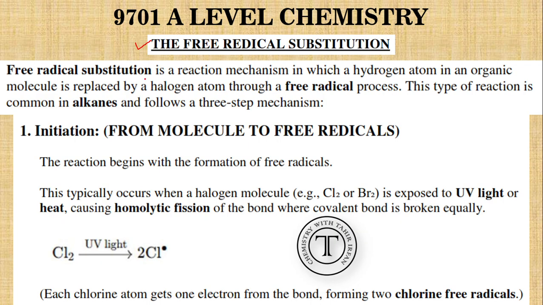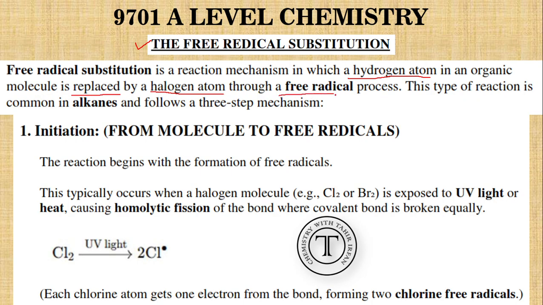Free radical substitution is a reaction mechanism in which a hydrogen atom in an organic molecule, for example an alkane, is replaced or substituted by a halogen atom. When we say halogen, we mostly mean chlorine and bromine. It can be iodine, but most commonly chlorine and bromine, through a free radical process.